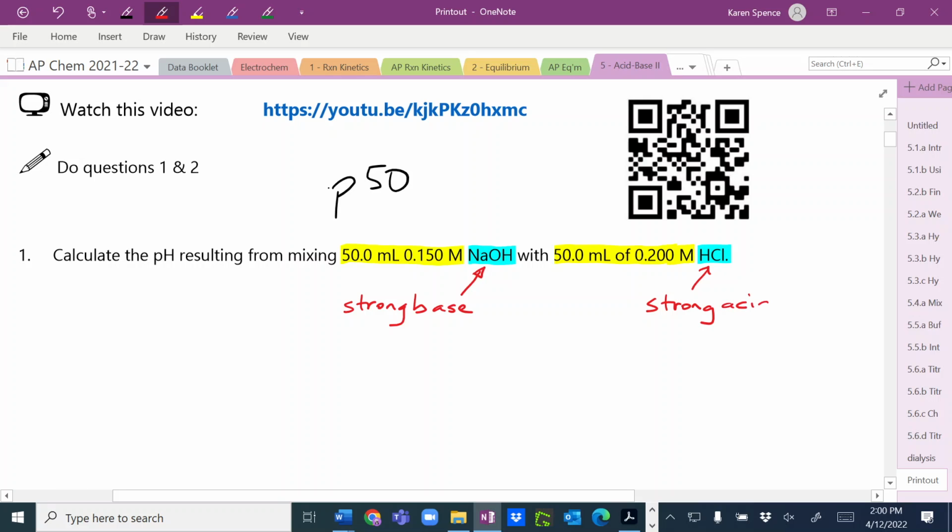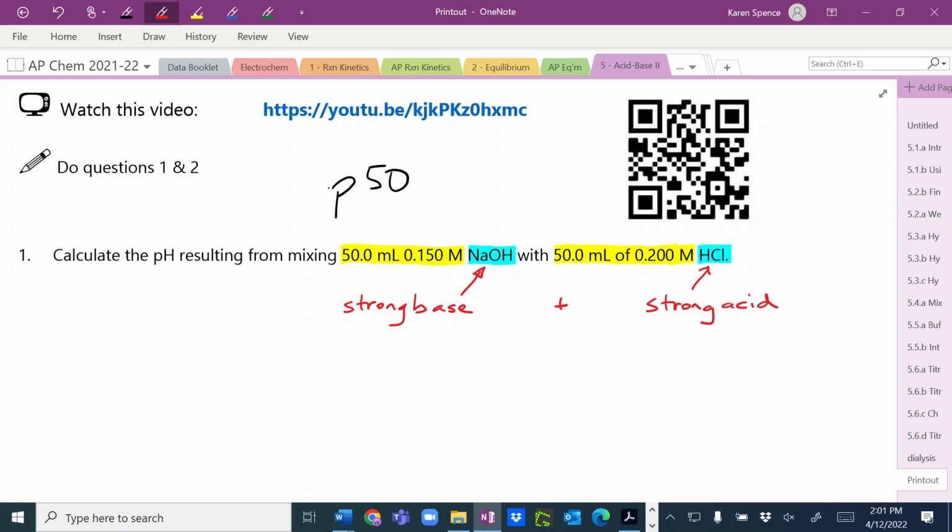What happens when we put a strong acid and a strong base together? They will be 100% dissociated, but even more importantly than that, what do the two do with each other?